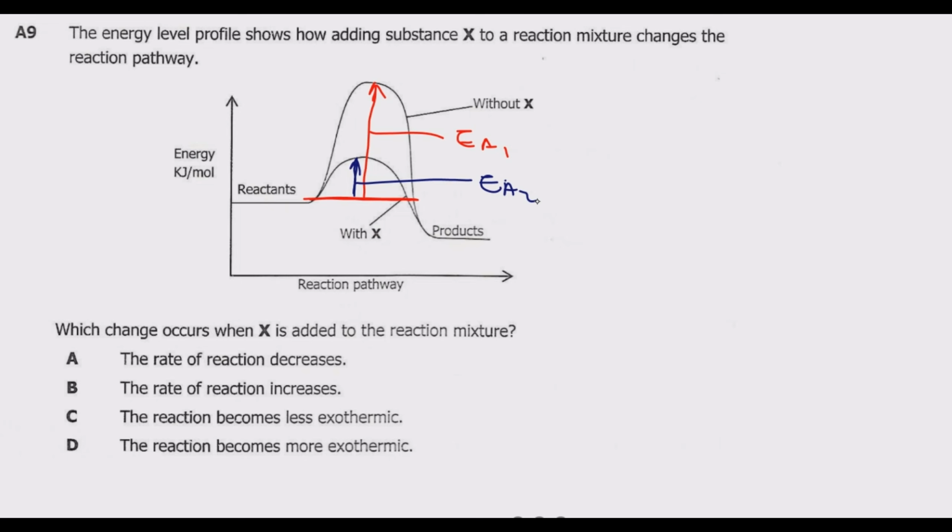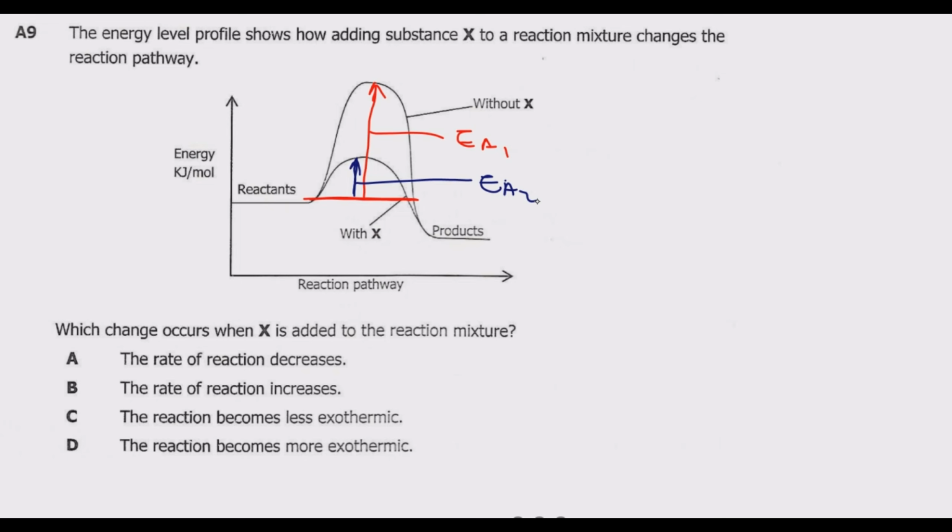On the other hand, the reaction is said to be endothermic when the reactants are lower in energy than the products, meaning the energy was absorbed. So if the reactants have more energy than the products, it is known as exothermic. If the reactants have less energy than the products, it's known as an endothermic reaction.